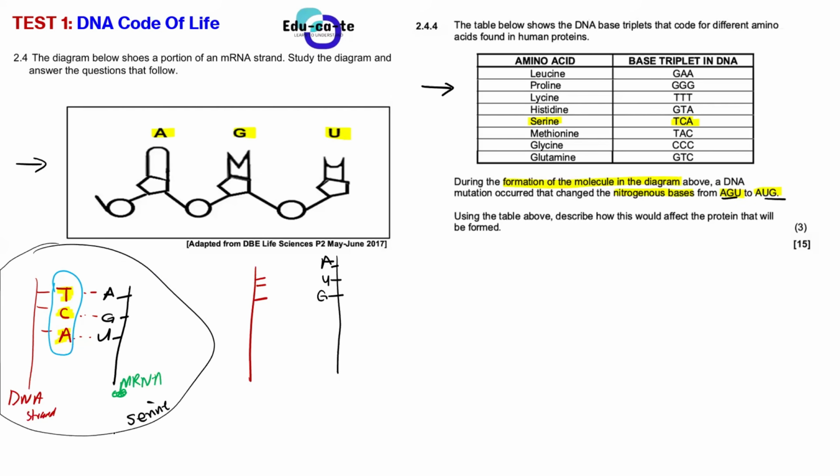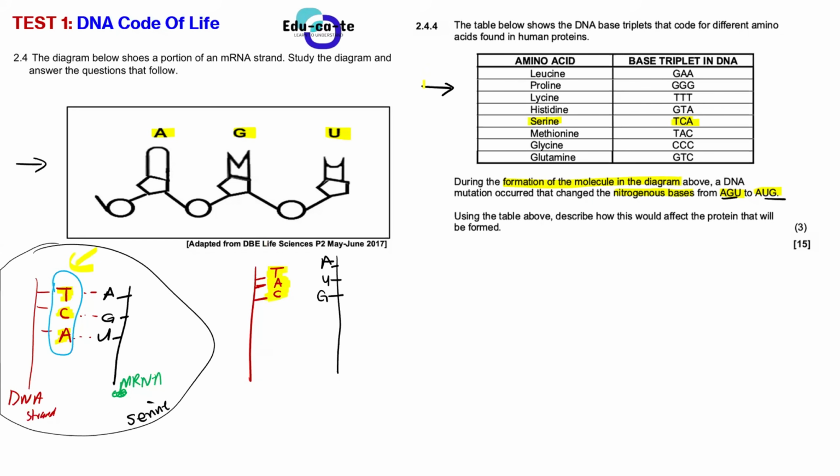So on the DNA strand, what mutation occurred here? This is going to be A matching with T. You know that on the DNA we use T, right? Uracil matching up with A, and then guanine matching up with C. So what actually happened here is, instead of TCA that we had at first, we now have TAC.